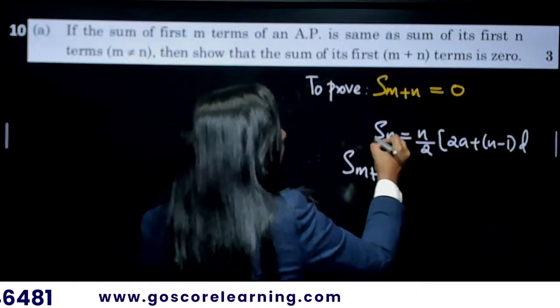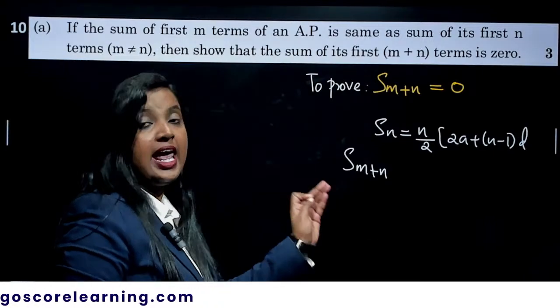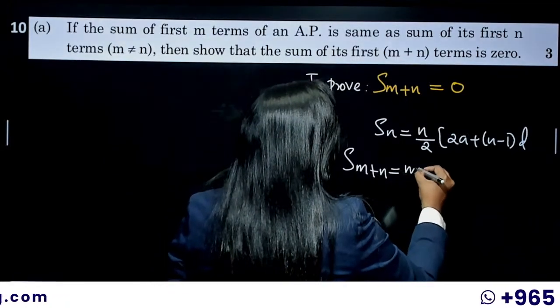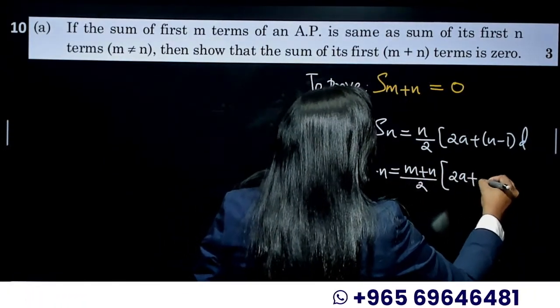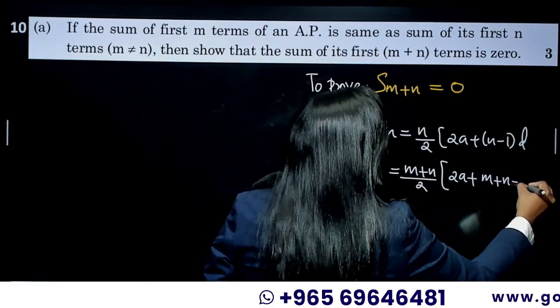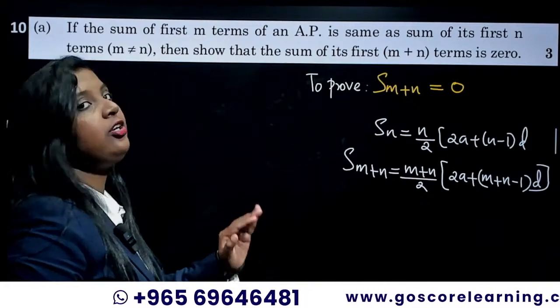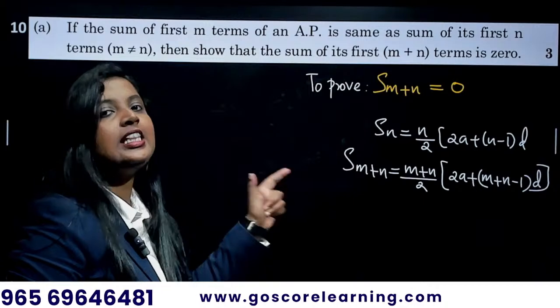You have to replace n with m plus n. Wherever you see n, replace that with m plus n. So this is equal to (m+n) by 2 into 2a plus (m+n) minus 1 into d, and you need to prove that that is equal to 0. Okay, got it? This is the question.